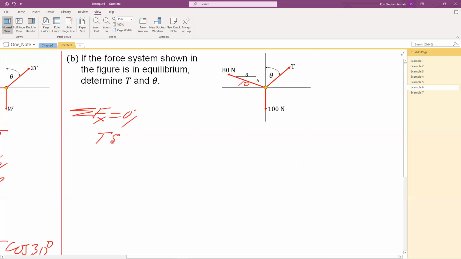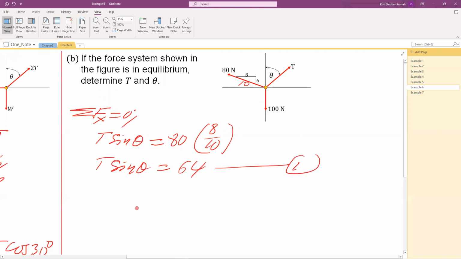T sine theta is equal to, and this has no component in the horizontal, is equal to 80 times the slope triangle. The 8 is in this direction, is 8 over 10. Very easy, very easy. This ends up T sine theta, 0 cancels 0, so that is 64, and that is equation 1.